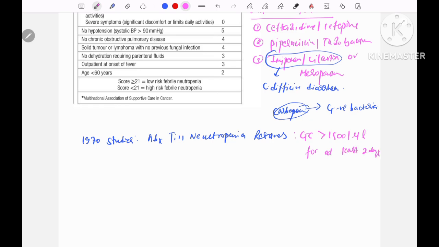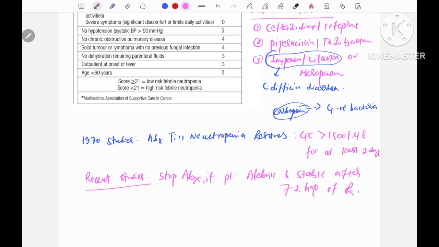But according to recent studies, we stop antibiotic treatment if the patient is afebrile and stable after 72 hours of treatment. So this is the recent one.